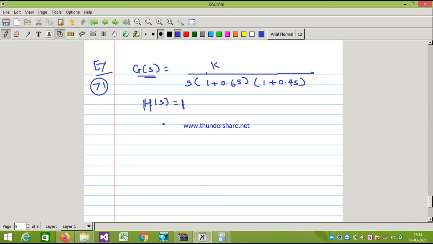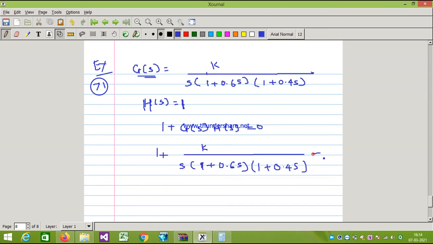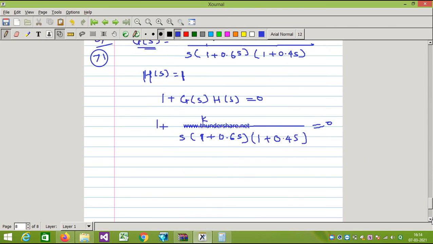So what is the characteristic equation here? 1 plus G(s)H(s) equal to 0, as we have already seen, but H(s) is 1 here. So 1 plus what is G(s)? G(s) is K divided by s(1 + 0.6s)(1 + 0.4s), right, equal to 0. Let's calculate this one.